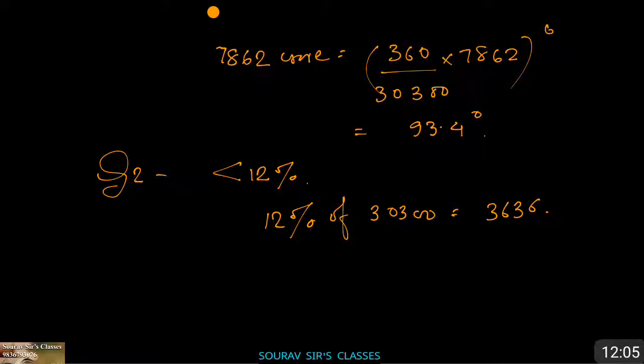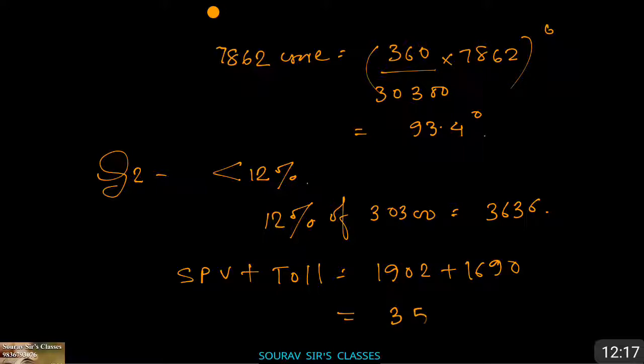Thus we can say SPV plus toll, which is 1902 plus 1690, which is equal to 3592, is less than 3636. So SPV and toll together constitute a funding less than 12% of the total funding.